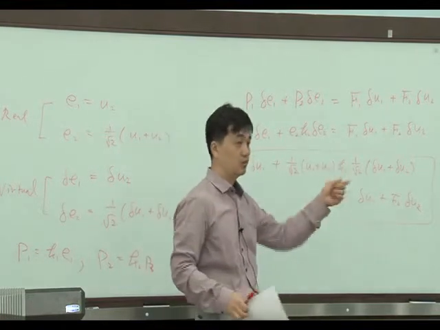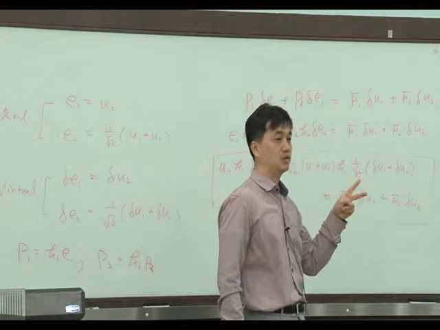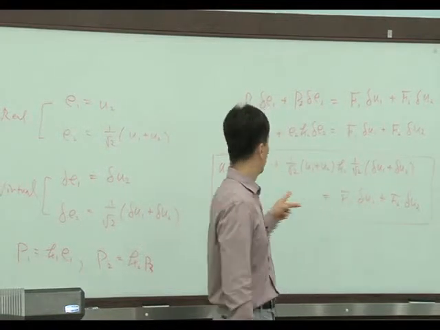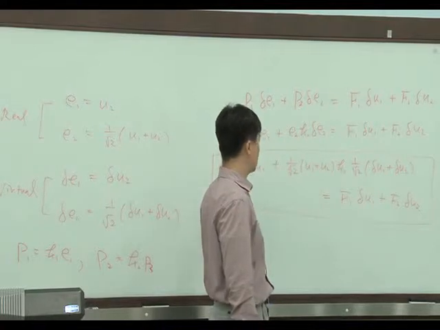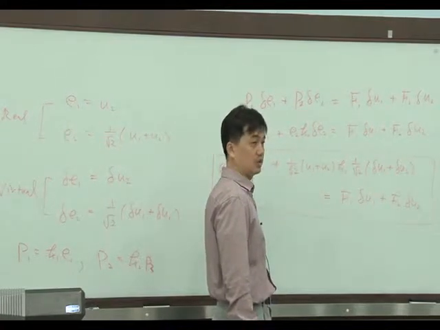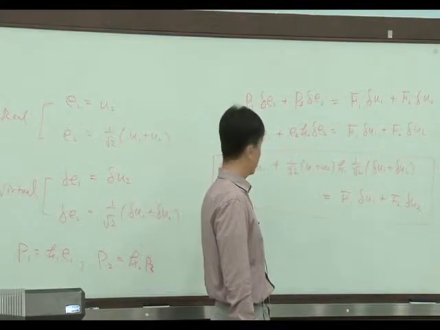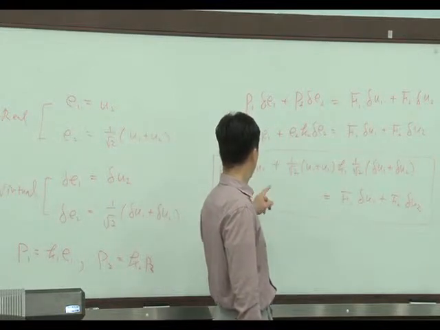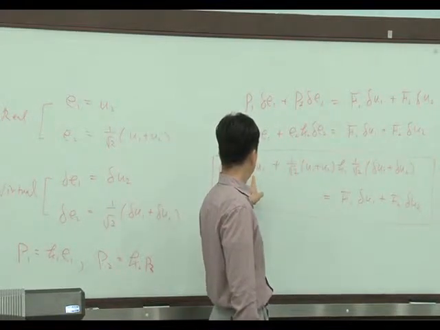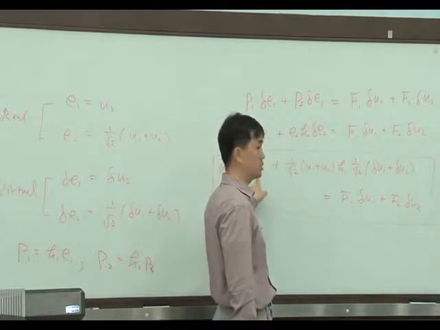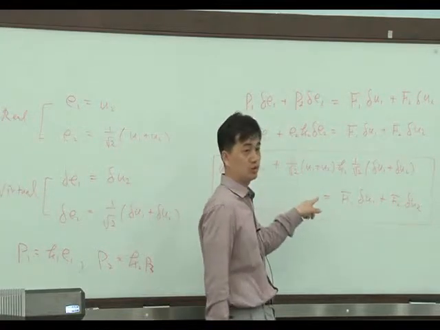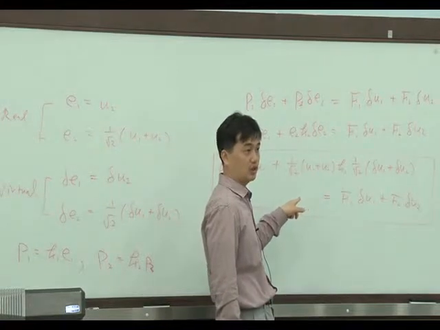In this case, we have only two virtual displacement patterns. So it means this equation should be satisfied regardless of the value of virtual displacements U1 and U2. Okay?